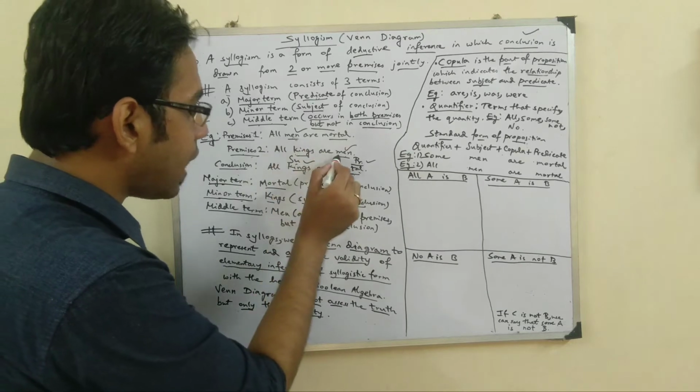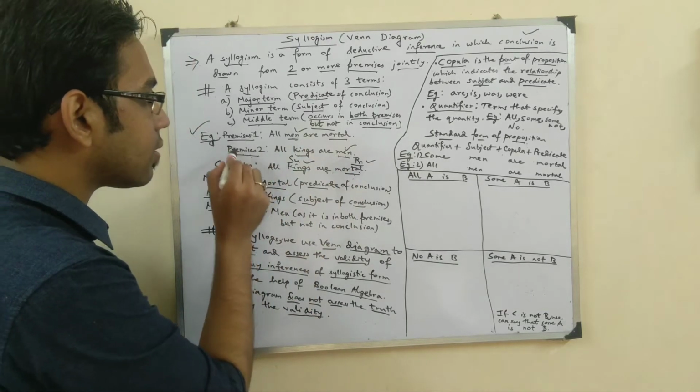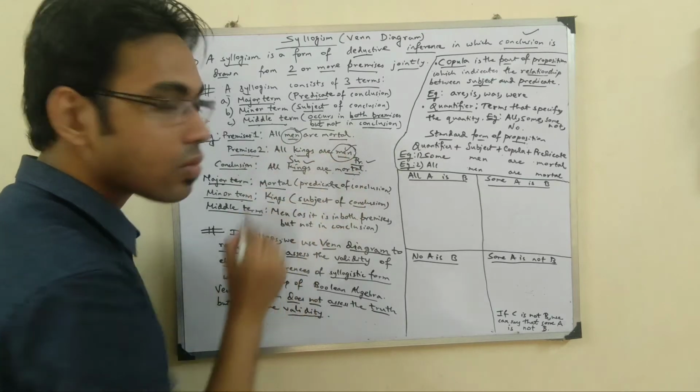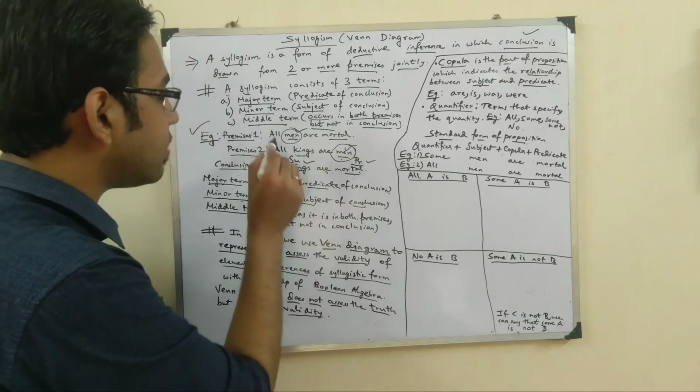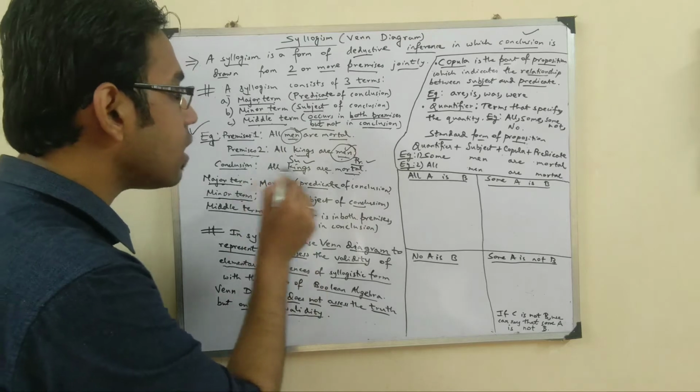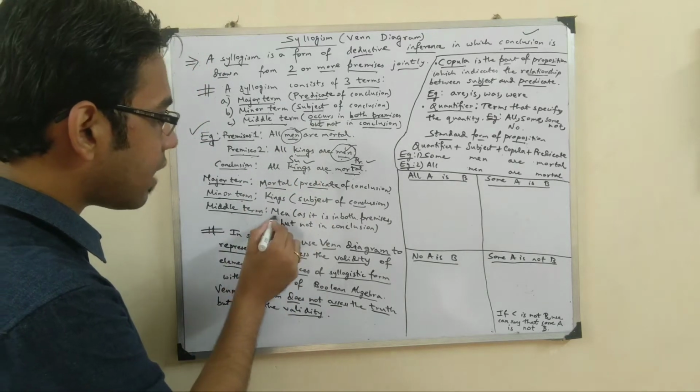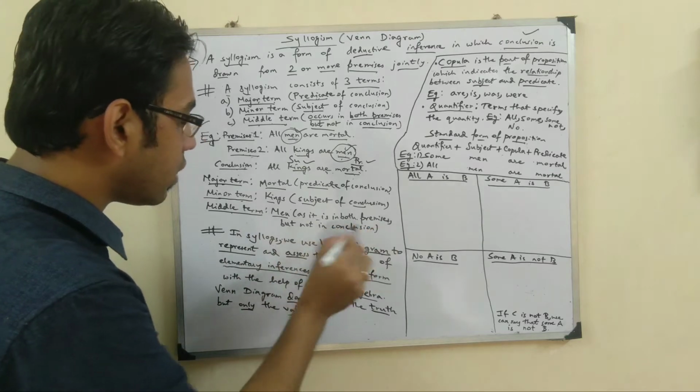But we have the word men in both the premises. That means our middle term is men, as it is there in both the premises but not in the conclusion.